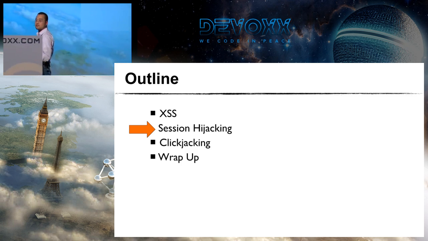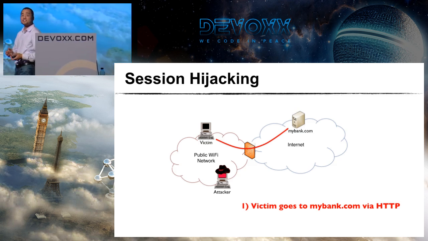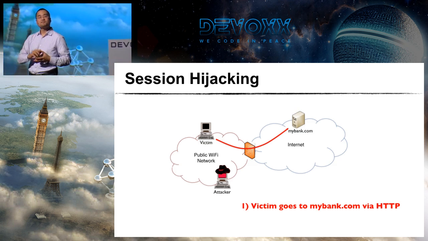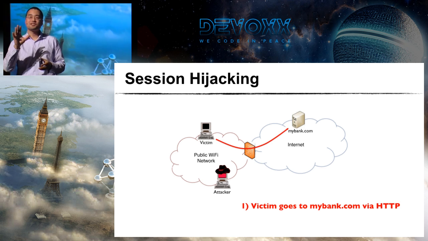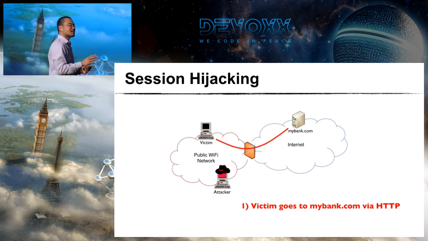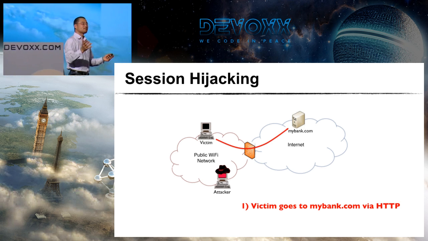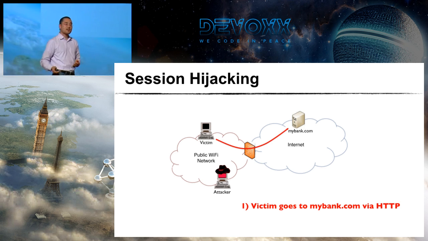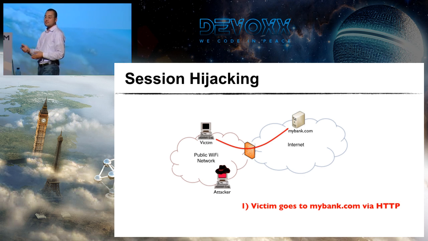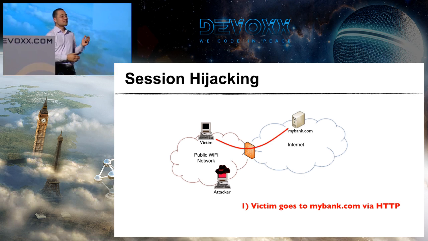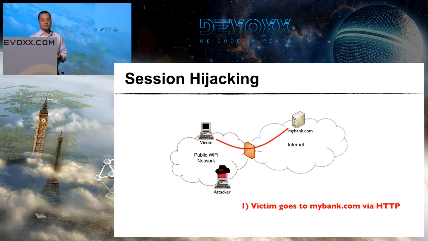All right, so now let's move on to session hijacking. Now this is where I said stuff a little bit too early, right? Session hijacking occurs where, well, you guys know what this is, right? If you are sitting in a cafe, in a coffee shop on the wireless network, and the wireless network is not secured, you, as the victim at the top here, might be trying to go to some sensitive site, like mybank.com.